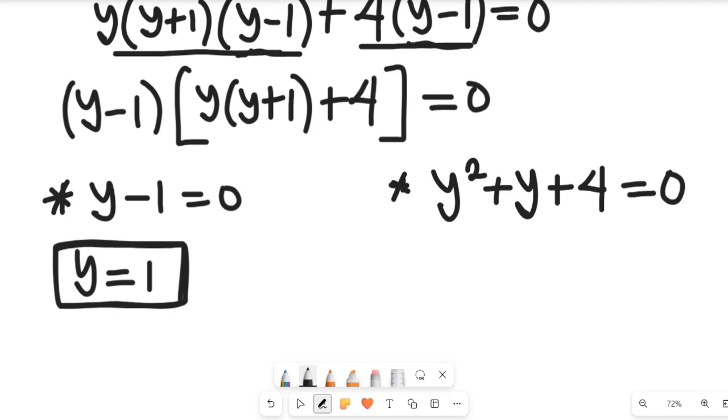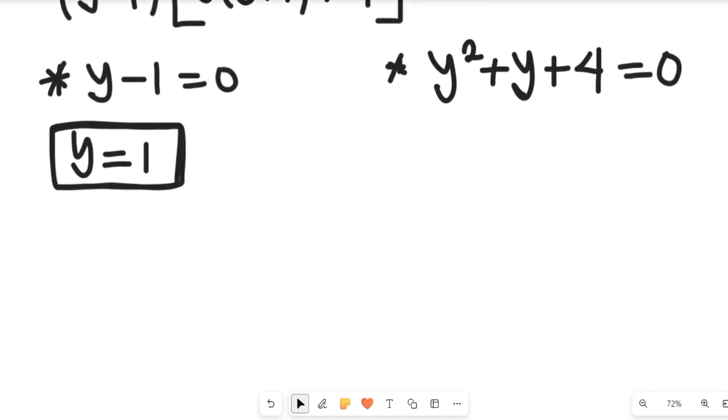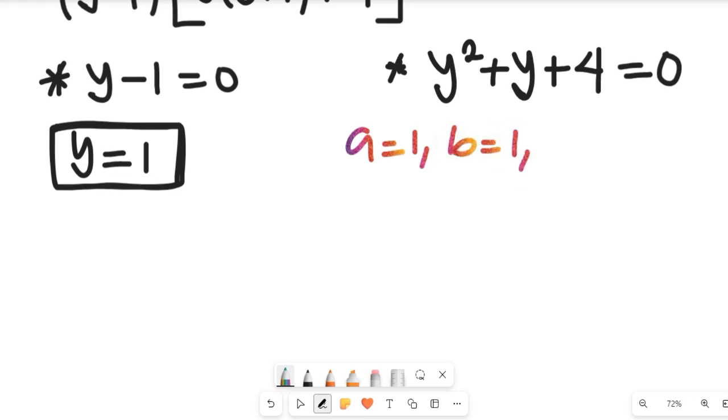So the addition of those two radicals can simply give us 1. In the other case, we're going to find the value of y using the quadratic formula. If we compare, a will be 1, b will be 1, and c will be equal to 4.